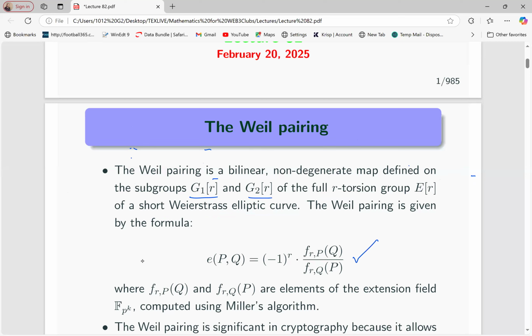Now, the most important thing is that you don't compute these manually, but they are done using Miller's algorithm. So as you write the code, you must understand what Miller's algorithm is. And of course, we have libraries for Miller's algorithm, so it will be doing that for you.